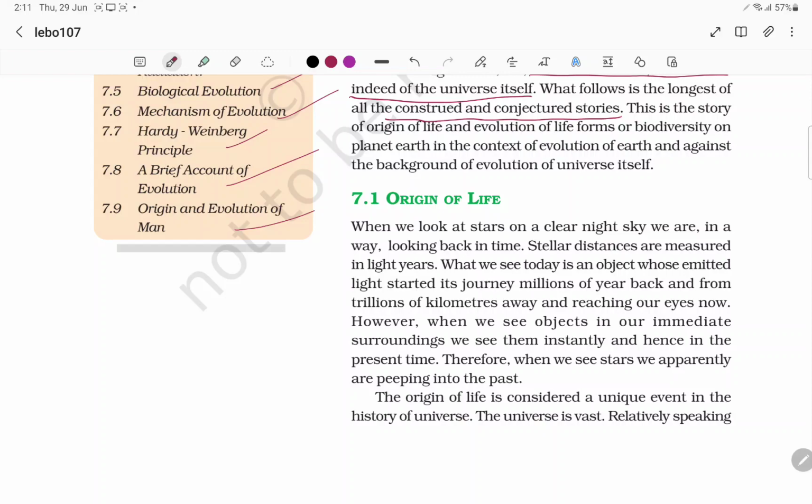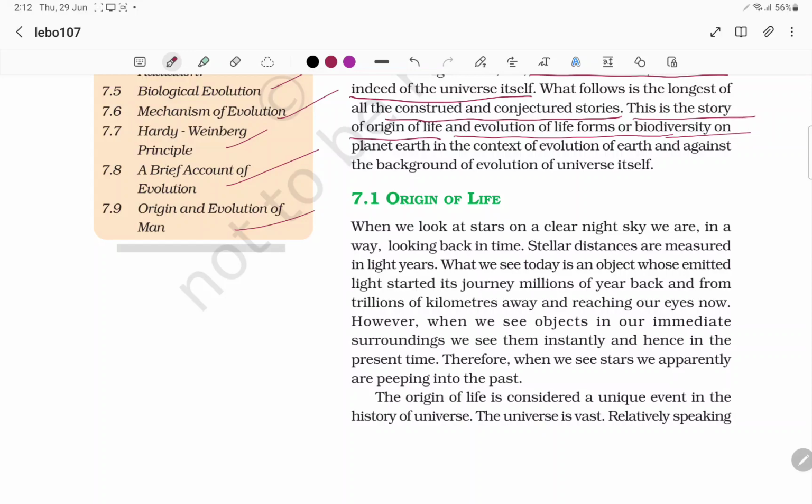So that's how they became the widely accepted and most successful classifications. Likewise, these are constructed and conjectural stories which were believed to be true. Let's see how all these stories are framed, how some have more drawbacks, how some have fewer drawbacks. This is the story of the origin of life and evolution of life, or biodiversity.